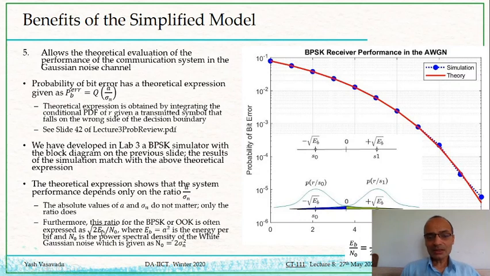So Eb is something that we know. N naught is a new terminology. I think we have made use of it in the project, but we haven't really fully defined it earlier. So let us state that N naught is the power spectral density of the white Gaussian noise, and in this case, it is equal to 2 times sigma n squared. So that is our definition of N naught.